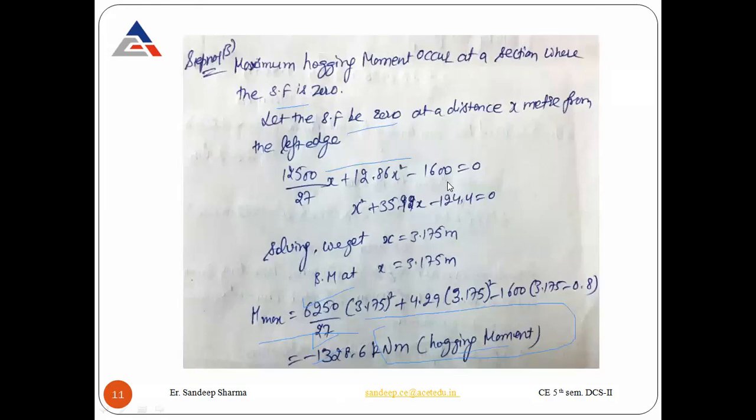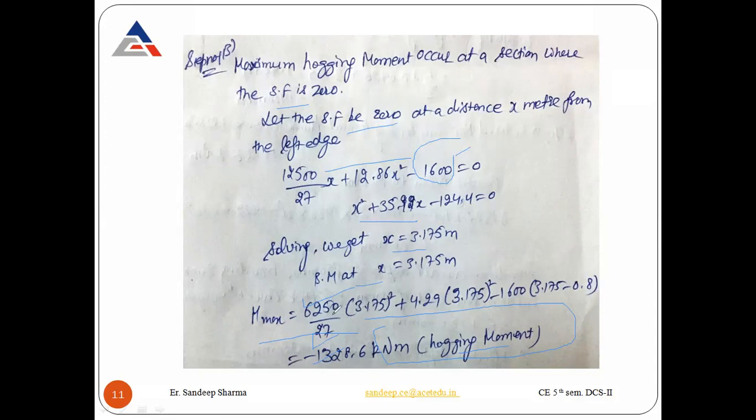As per this, the x distance from the left edge, and we have the load on column A, that is 1600. So with the help of the quadratic equation, you will get this value x as 3.175 meter from the left edge. Now the maximum hogging moment at this distance you will get after putting this value.